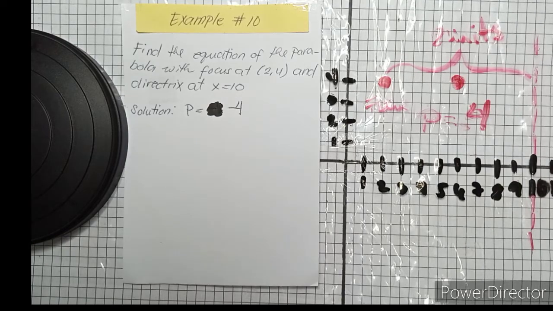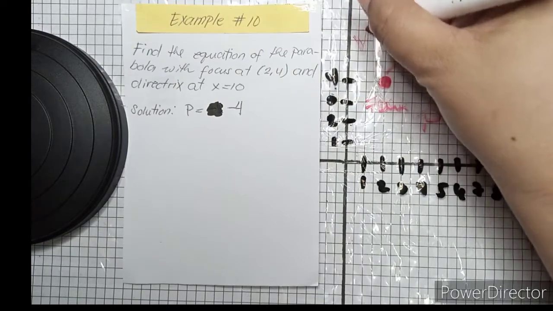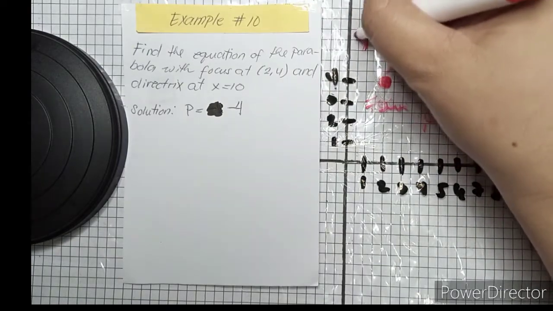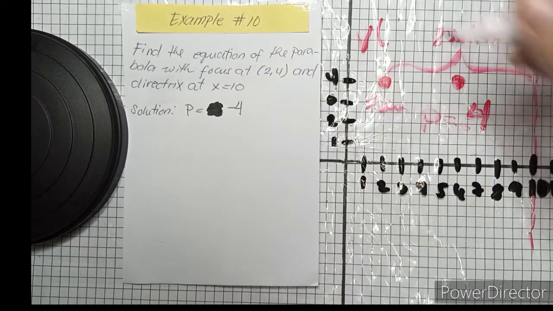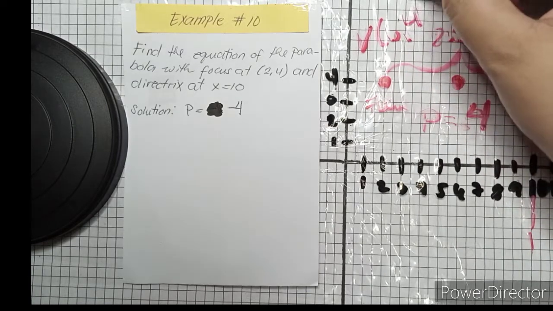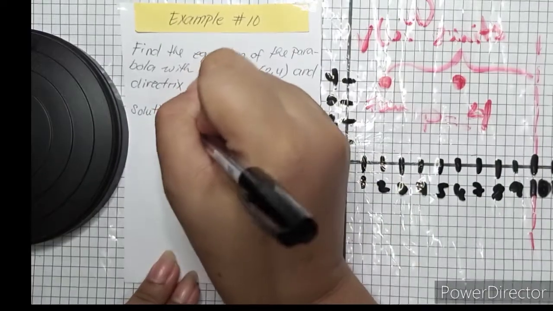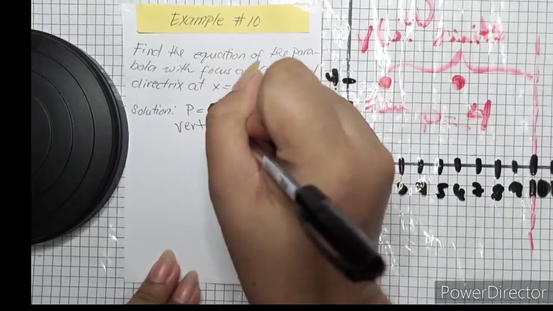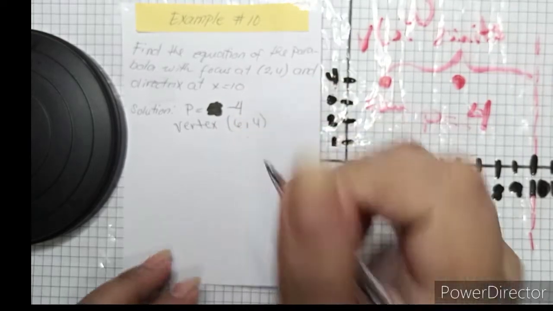So, ang ating vertex, ang kanyang ordered pair or coordinates ay positive 6 at saka 4. Okay, so rewrite natin siya. Our vertex now is 6 and 4.